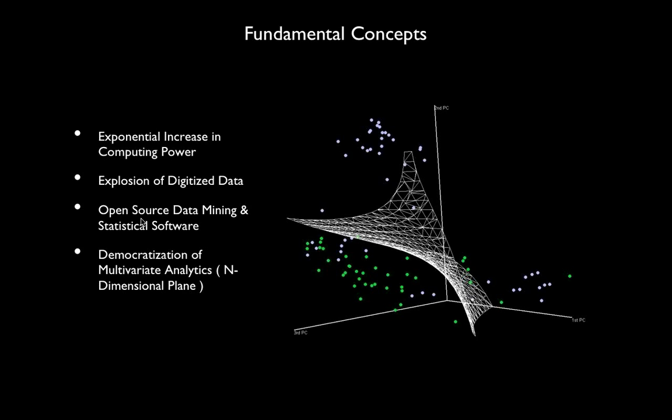Therefore, mathematicians historically have brought out a concept called the n-dimensional plane, which is a theoretical concept which basically allows for creating as many axes as there are number of variables, -1.